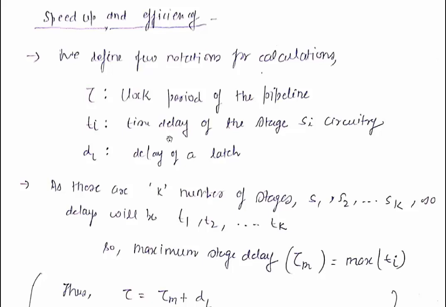So the maximum stage delay, tau of m, would be the max of Ti. If you evaluate the maximum of this vector T1, T2, T3 up to Tk, you can easily evaluate the maximum stage delay, and that would be stored in this tau of m.